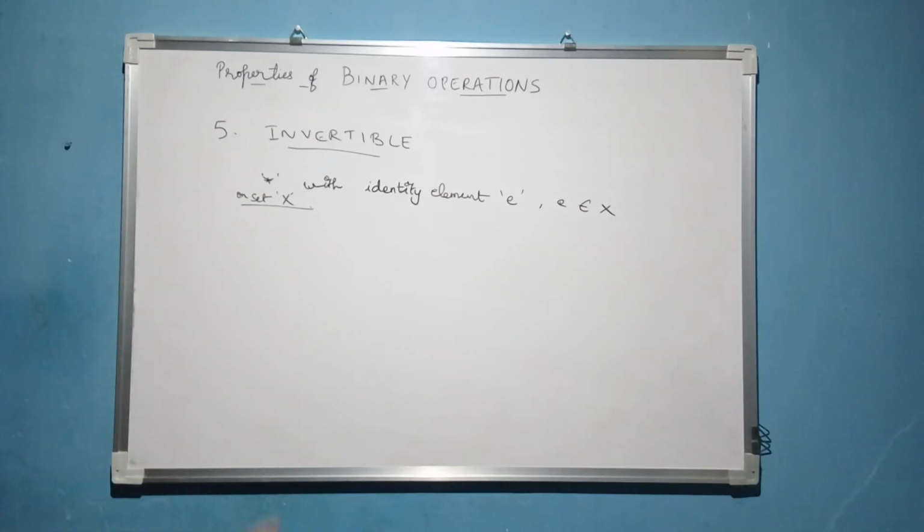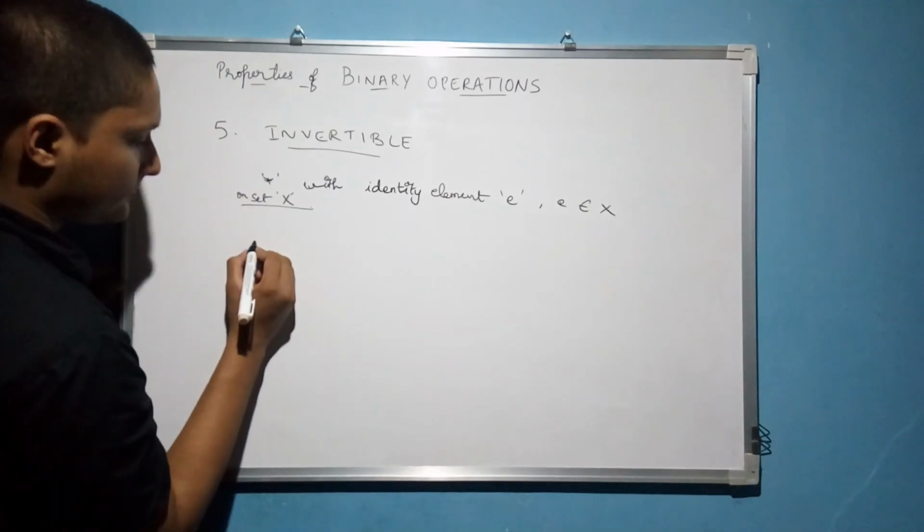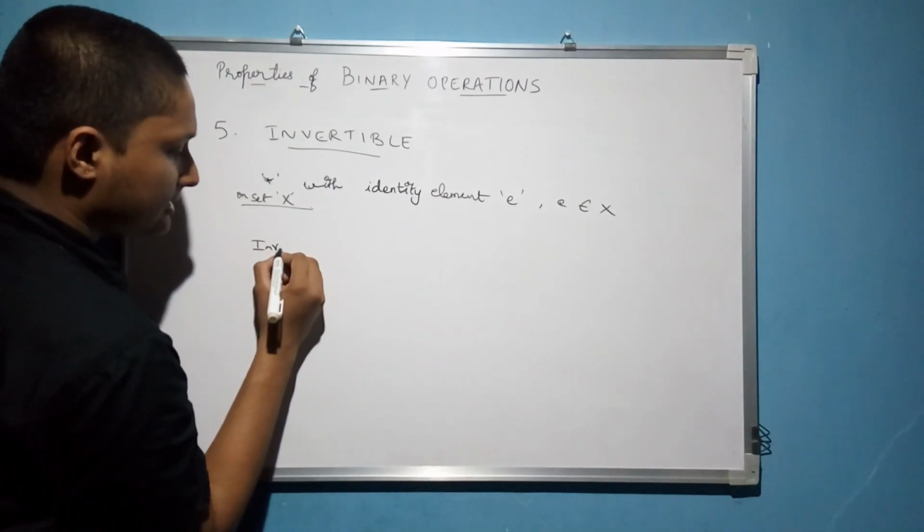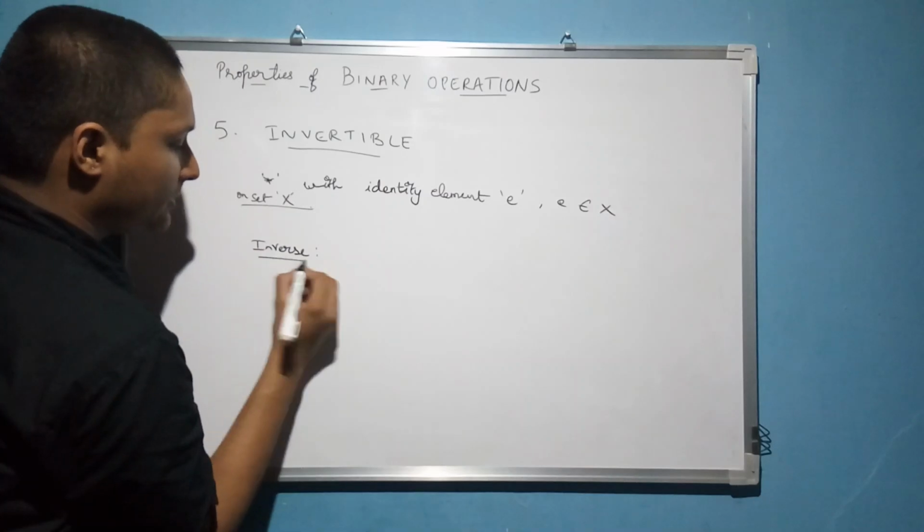That is invertible. So after finding that it is invertible, we can tell that some of the elements of this binary function can have an inverse. What is an inverse in this case? Let me write the definition of how it should be.